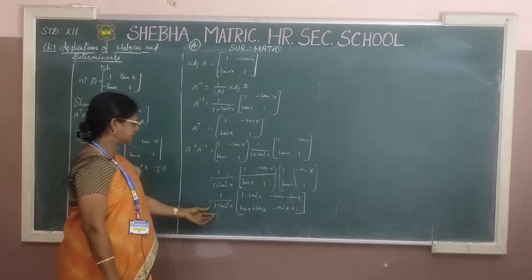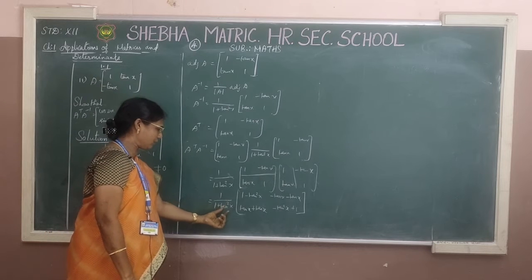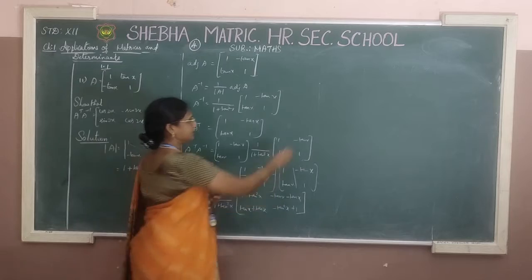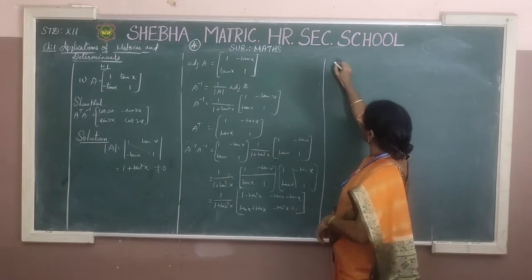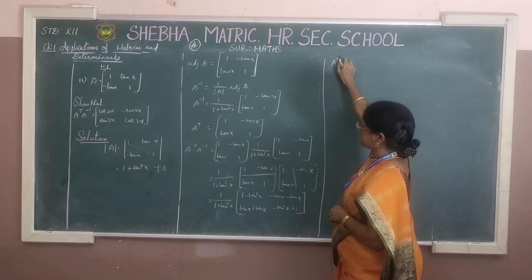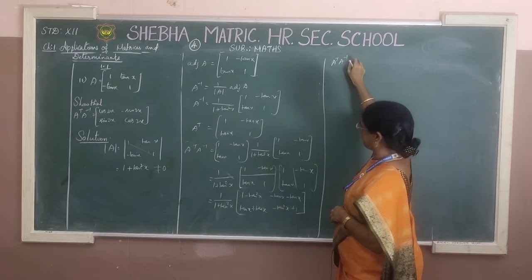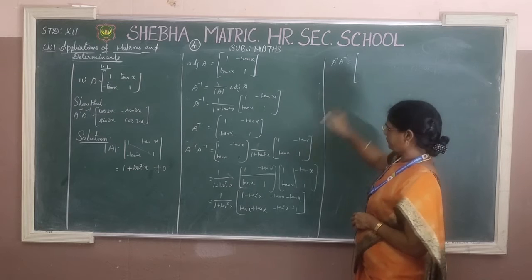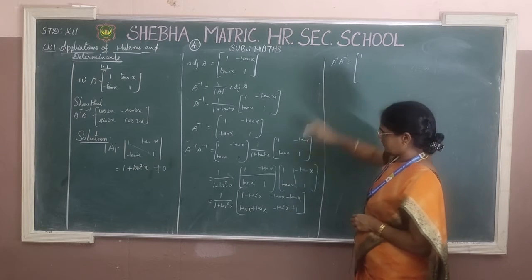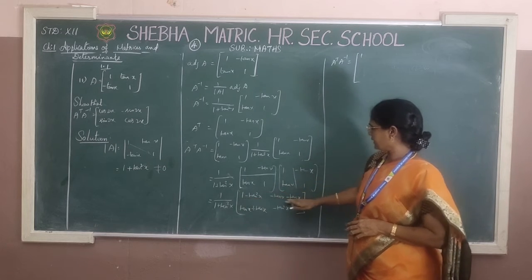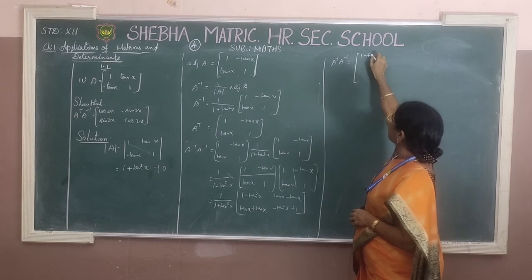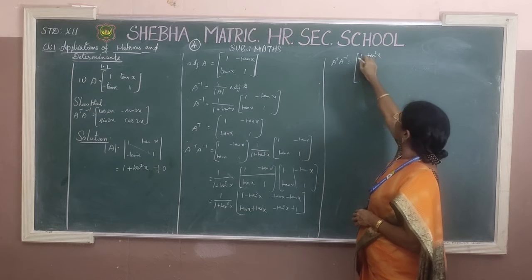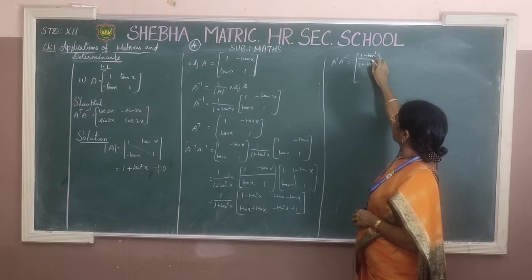Now let us take this 1 by 1 plus tan square x inside. A transpose A inverse becomes, listen, you have to divide each element by 1 plus tan square x. So 1 minus tan square x by 1 plus tan square x.